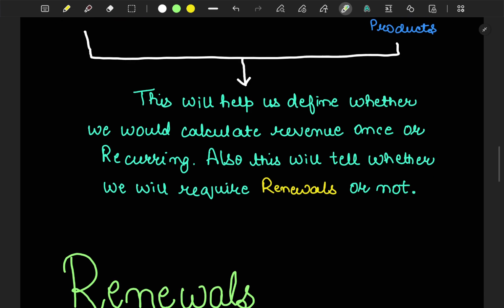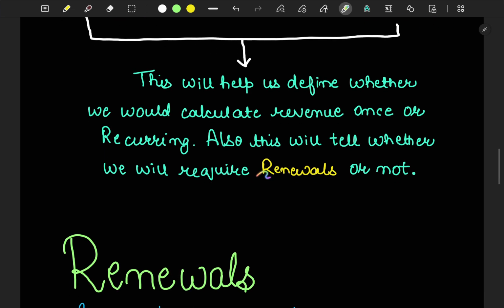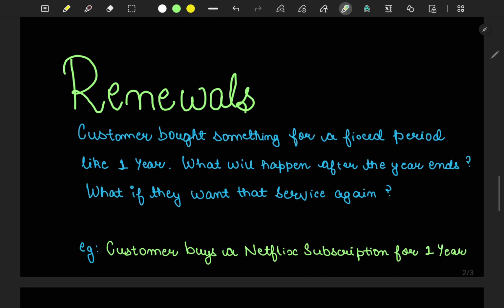Now the concept of this is called renewals. What is a renewal? Basically a customer bought something, and they bought it for a particular amount of time, like 1 year. Now what would happen after that particular year? Renewal only happens for your subscription-based products, right?